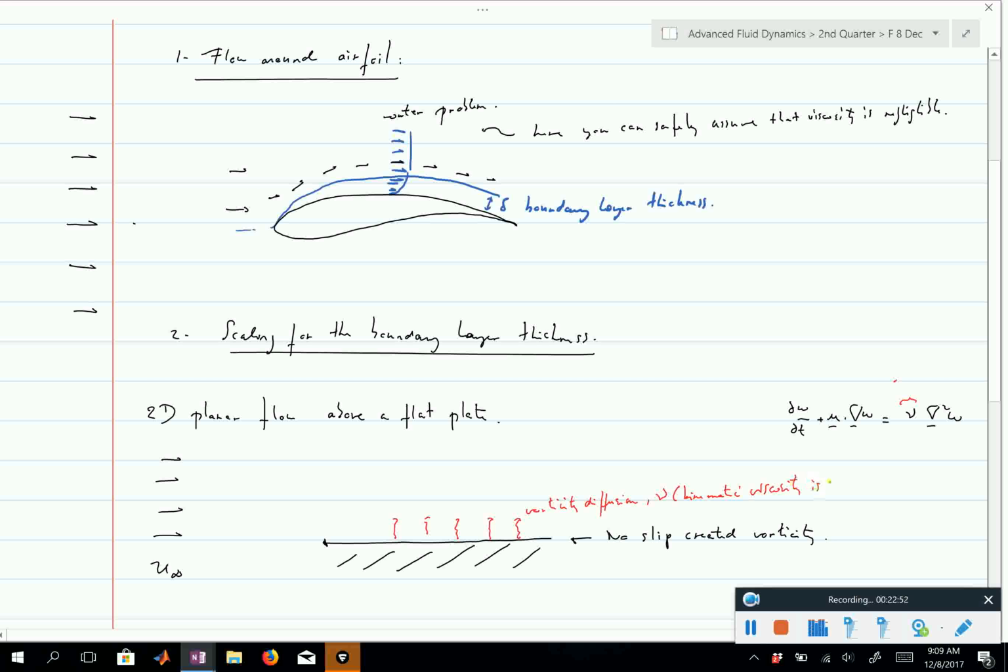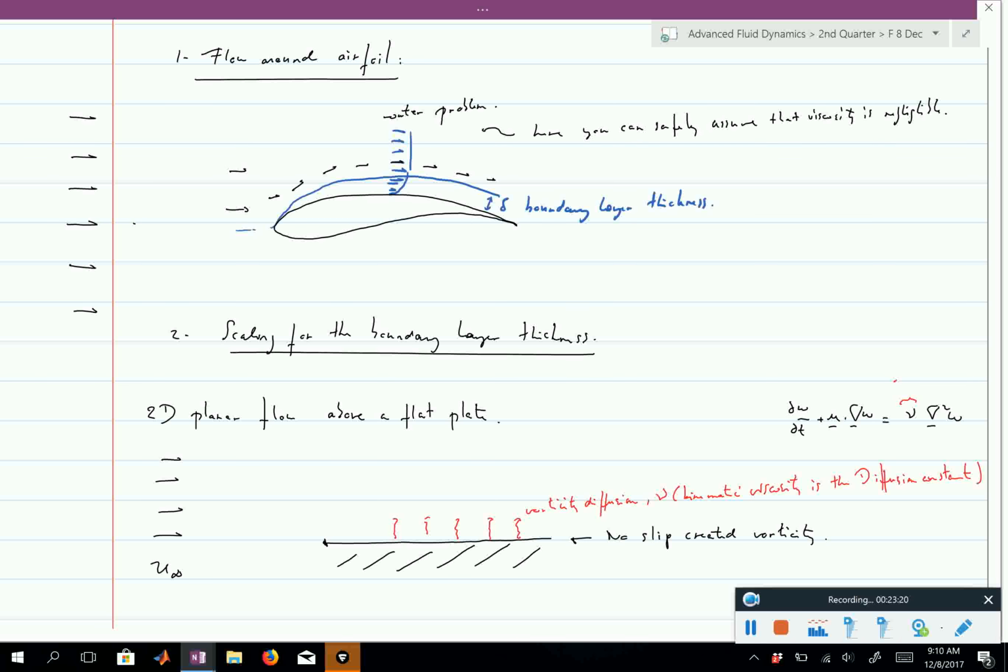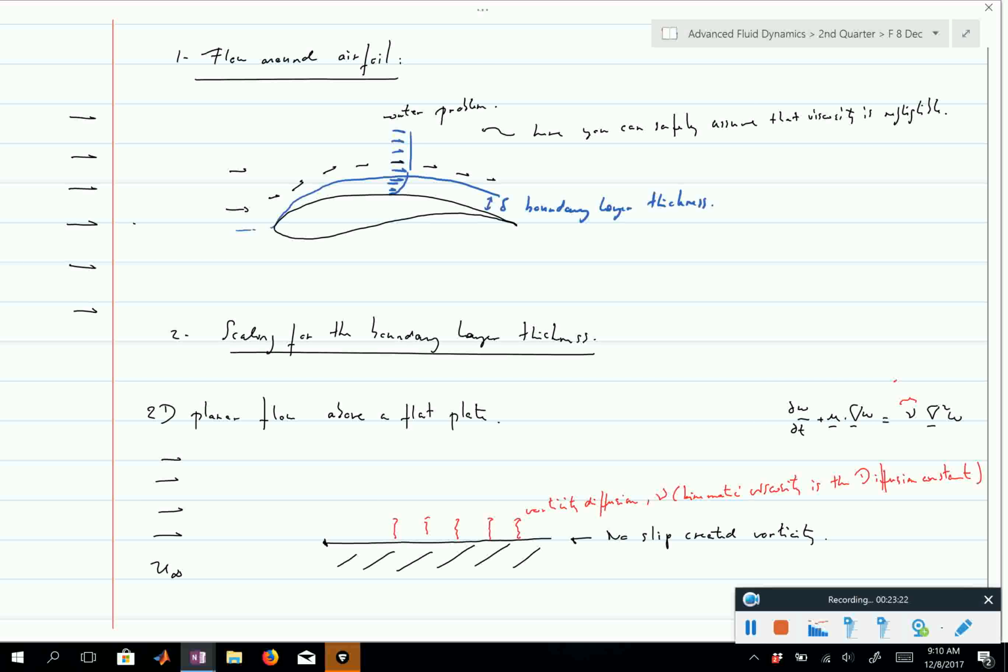And just like what you've seen in your heat transfer class, if that was temperature, there are two modes of transport. It could diffuse, but it can also be advected because you have a background flow. So vorticity is also advected. Let me represent that with a blue arrow.